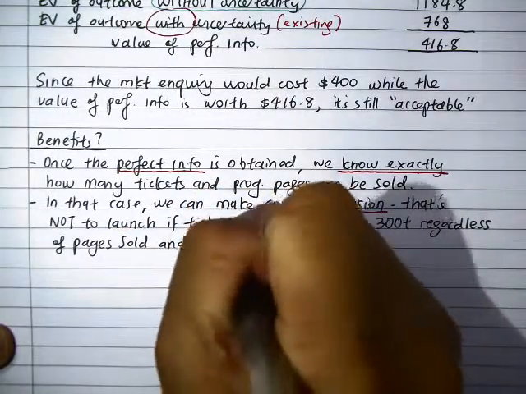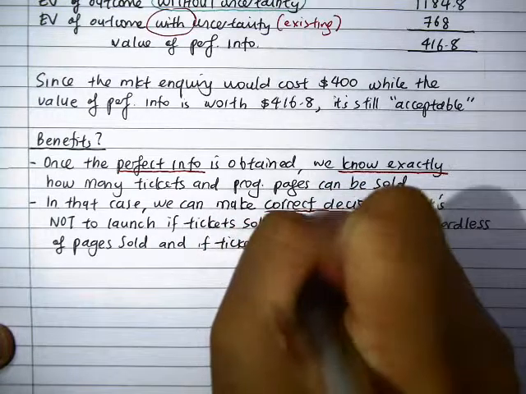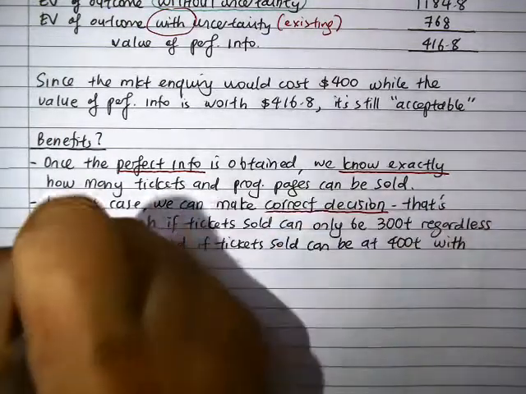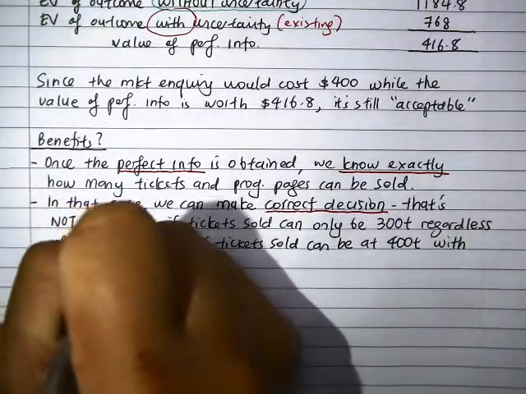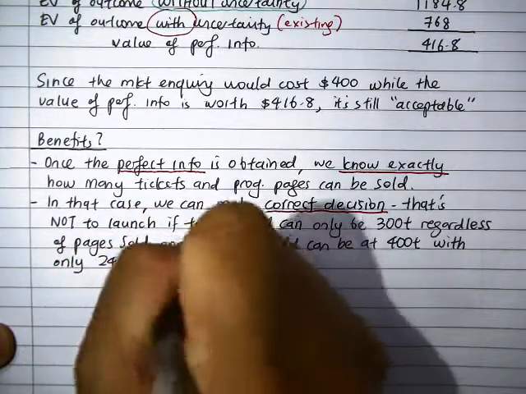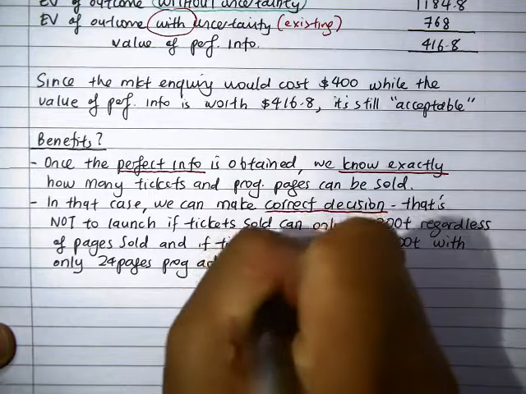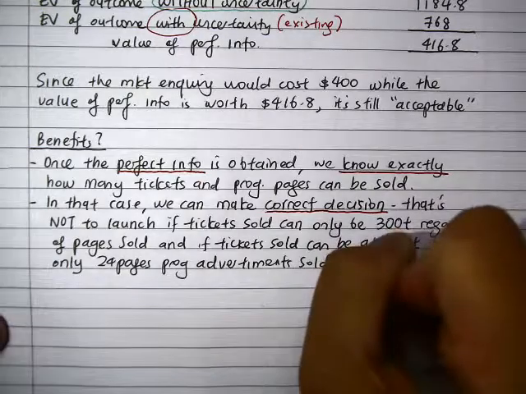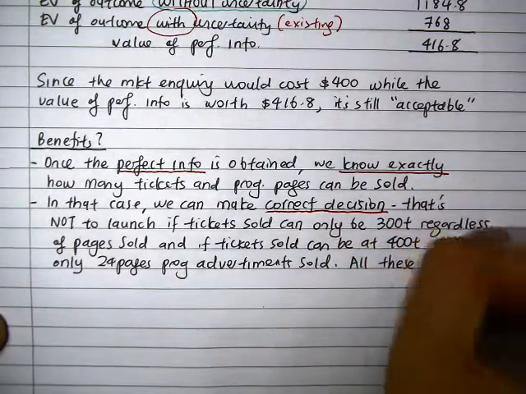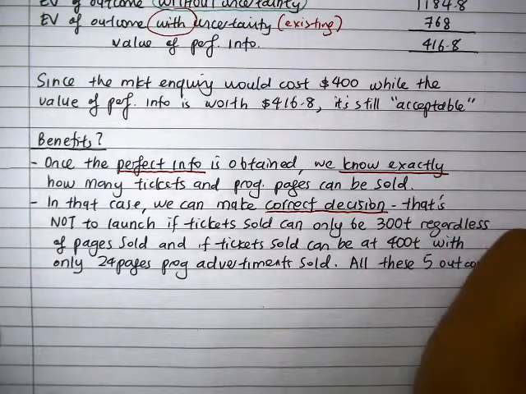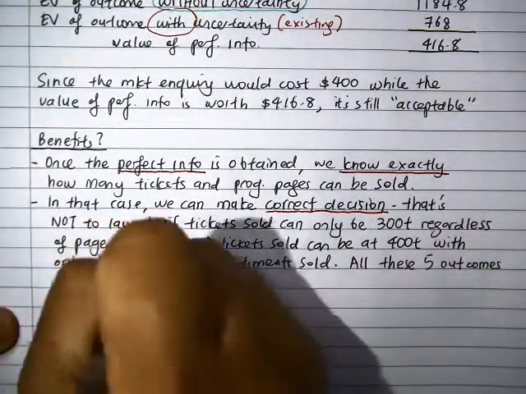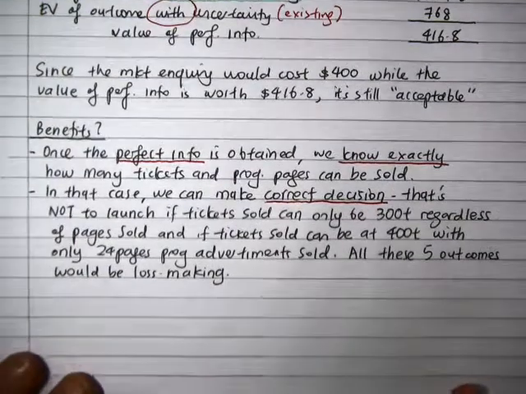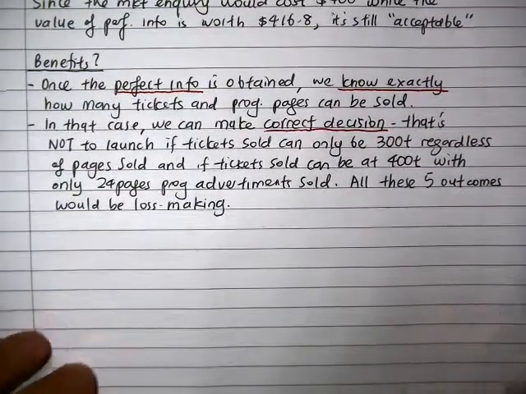And if the ticket sold can be at 400 with only 24 pages program advertisement, so because all these 5 outcomes would be loss making.